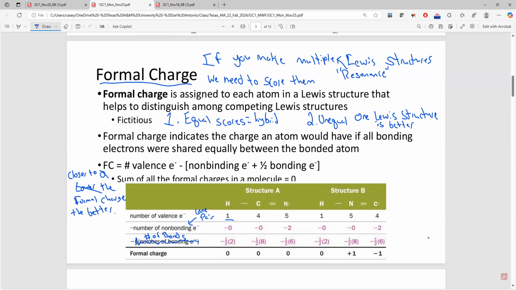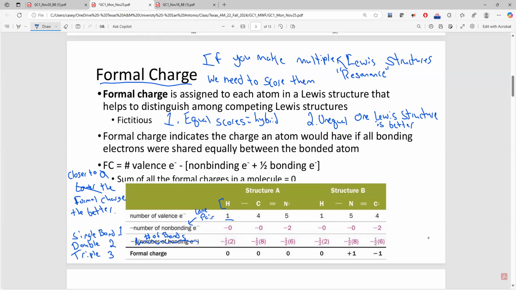And by number of bonds, a single bond gets a score of 1. A double bond gets a score of 2. A triple gets a score of 3. So you're going to take the number of valence electrons minus how many lone pair electrons you have minus how many bonds.